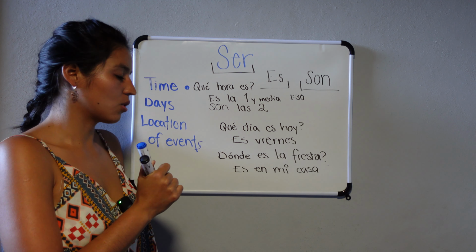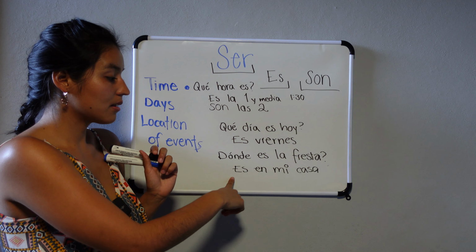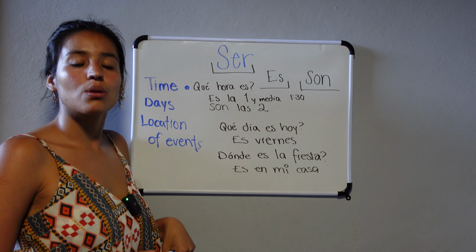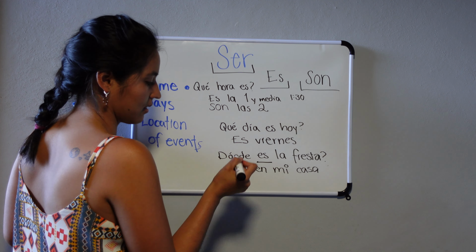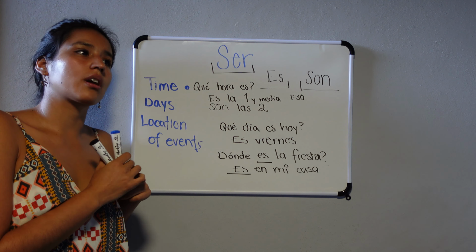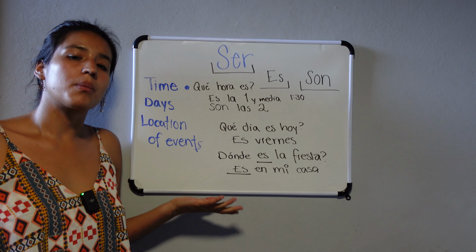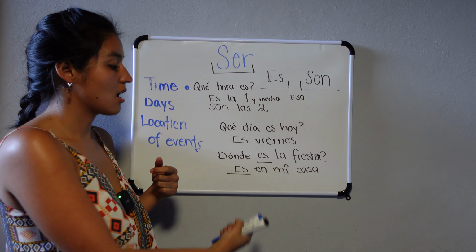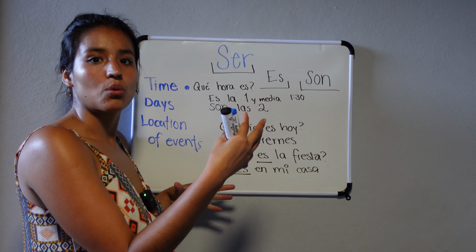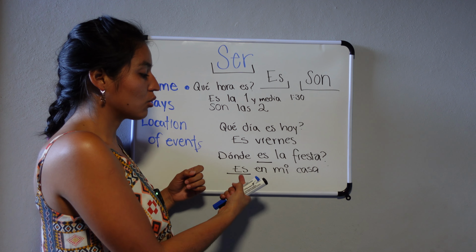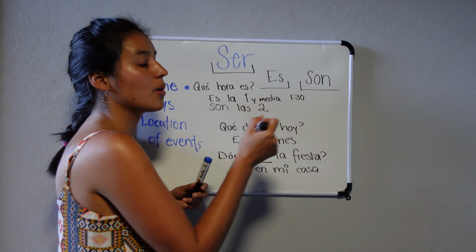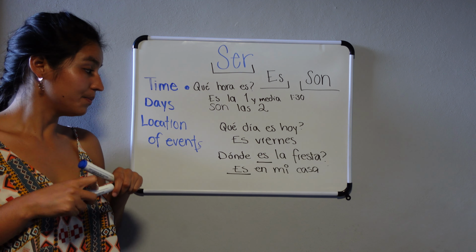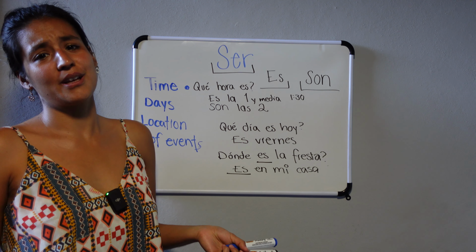The party is in my house. Okay? And es, okay? If we are talking about more than one party, ¿dónde son las fiestas? Where are the parties? Las fiestas son en mi casa. Okay, we're gonna use this one. Yeah? Okay. We're really close.